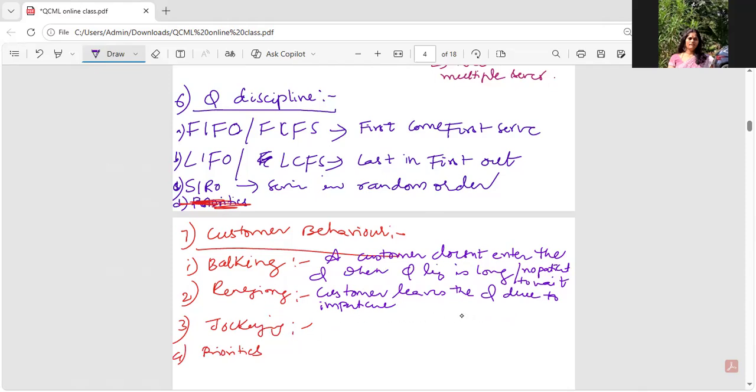He shifts from one queue to the other, thinking the other queue is shorter or getting cleared at a faster pace. Moving from one queue to the other is jockeying. Customers move from one queue to another.